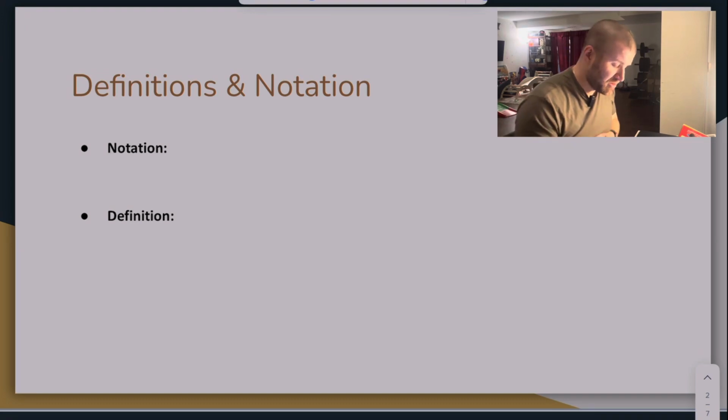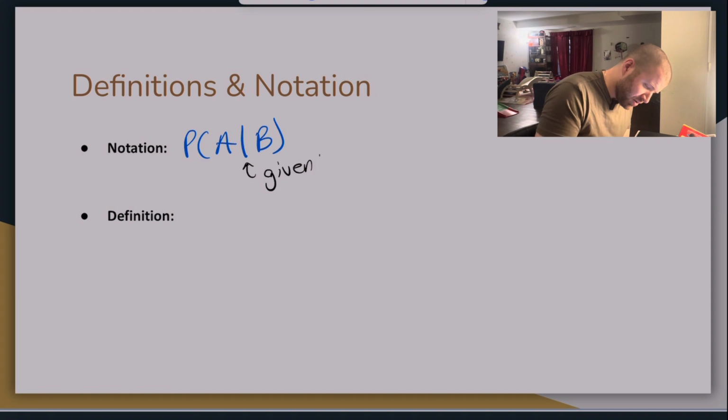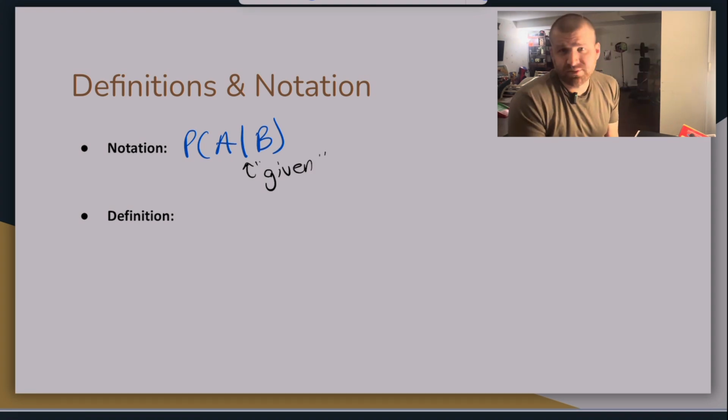Now, the notation for conditional you saw in the previous video is just something like this with a vertical bar. What's important is that vertical bar means given, right?